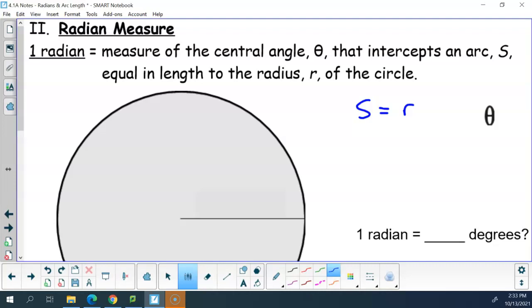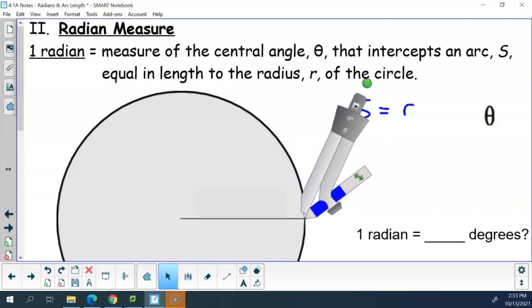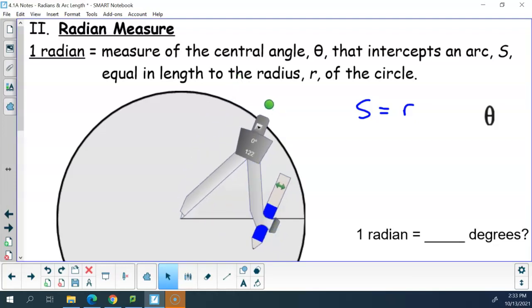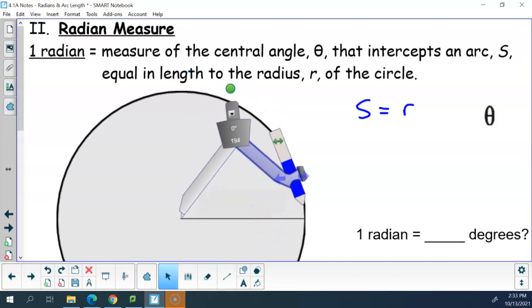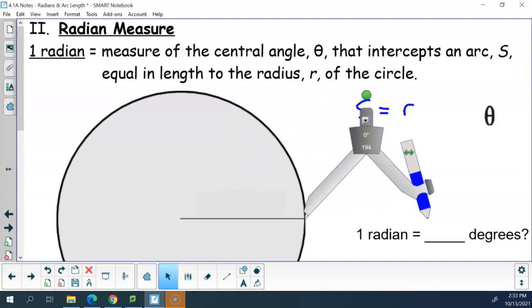So how we go about finding that angle is we first find what the radius is. So that is my radius. Then we take that radius, because you may think a compass is for drawing circles, but a compass is actually for measurement.